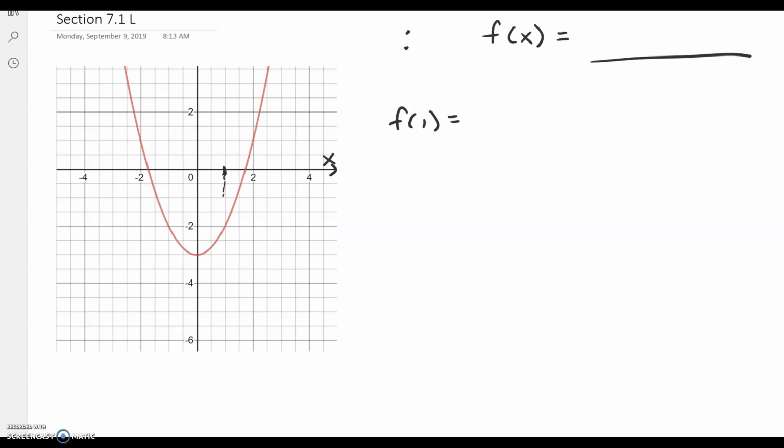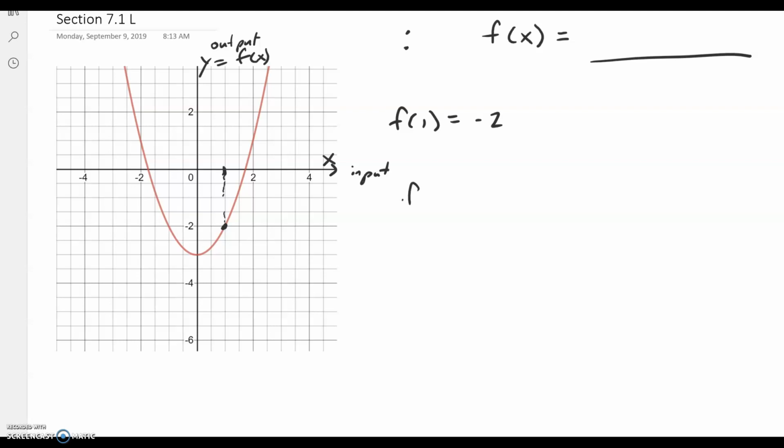And if we go downwards till we hit the red graph, it looks like when x is 1, the height, which we're used to calling y, but now we're using the y-axis for values of output. So input is, generally speaking, the x-axis, and output now for functions is the y-axis. So when you input an x number of 1, it seems like the output is -2.